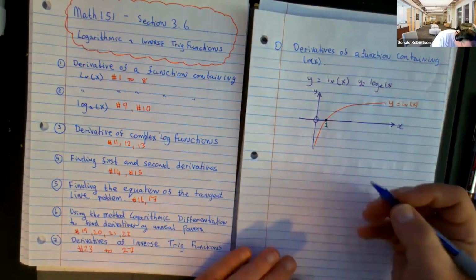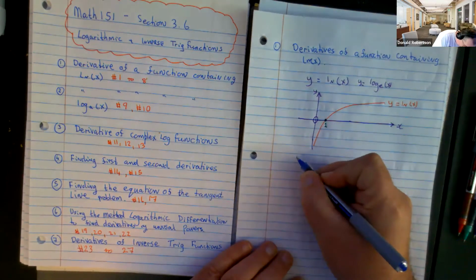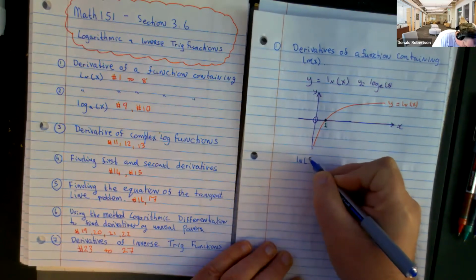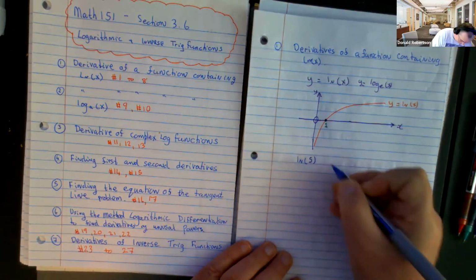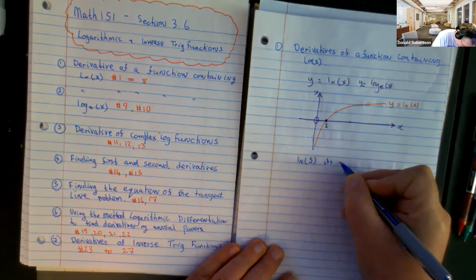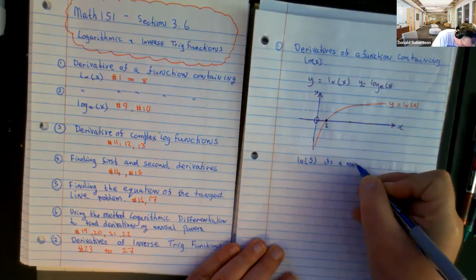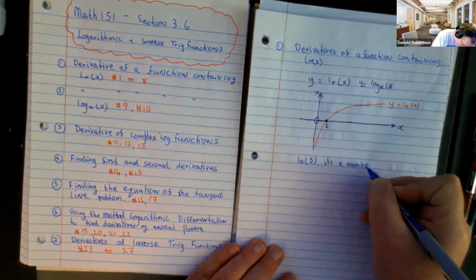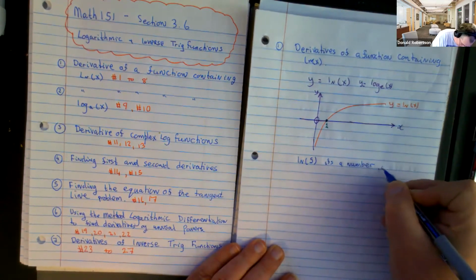Now, if you wanted to know, for instance, what the natural log of 5 was equal to, well, it's a number. Let's call it a.